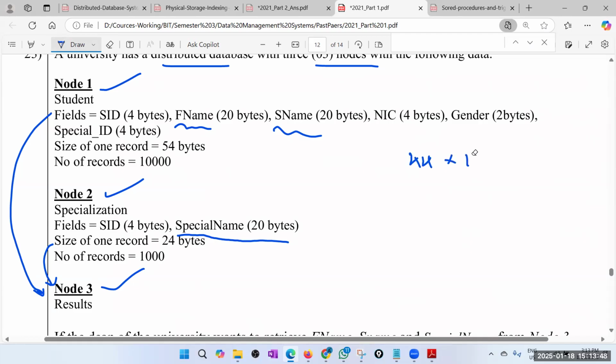And 44 into 10,000 is 440,000. From here, of course, I need to take both, because I need the primary key also.